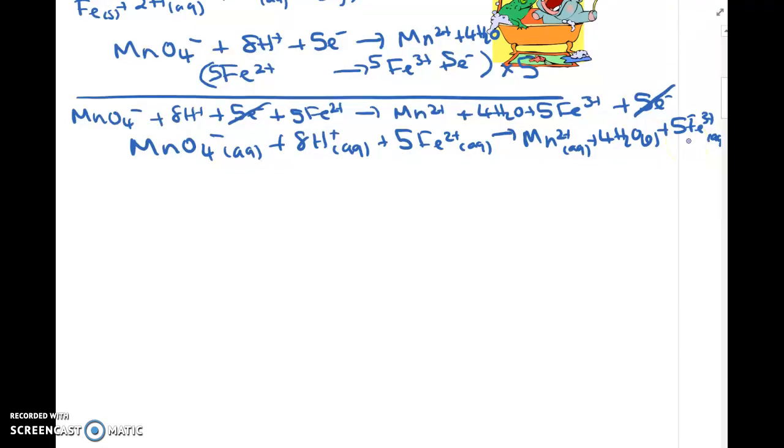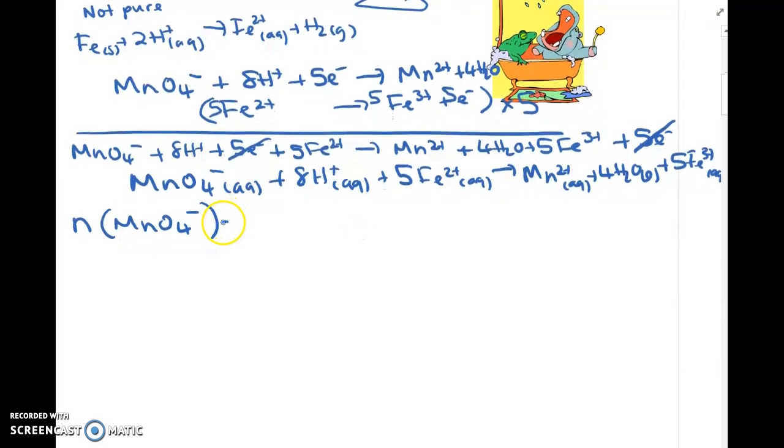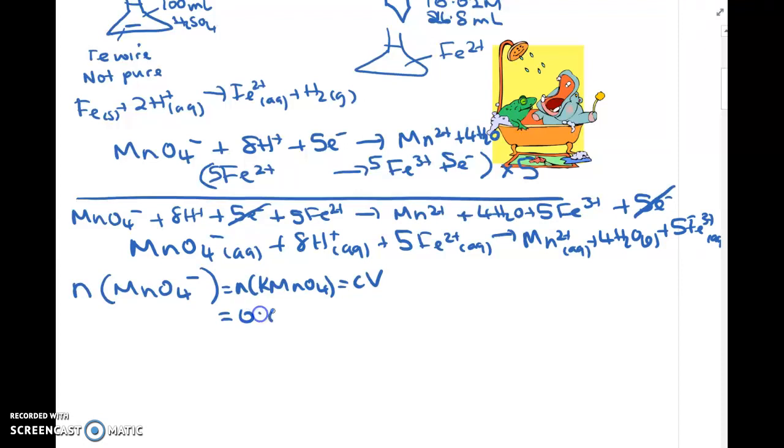Now let's get started. Once we've got our equation, we always have to find a mole. So in this case we can find the number of moles of permanganate. If you look back here, the number of moles of permanganate will equal the number of moles of KMnO4, which equals CV, which is equal to 0.02 times 0.0268. And this comes out to 5.36 by 10 to the negative 4 moles.